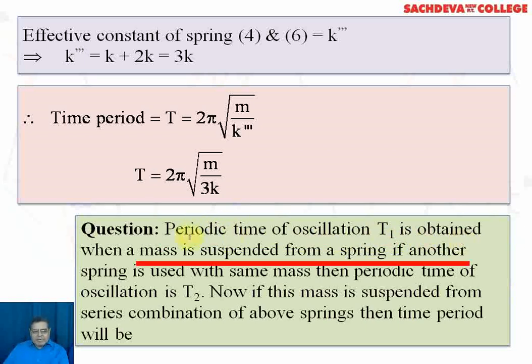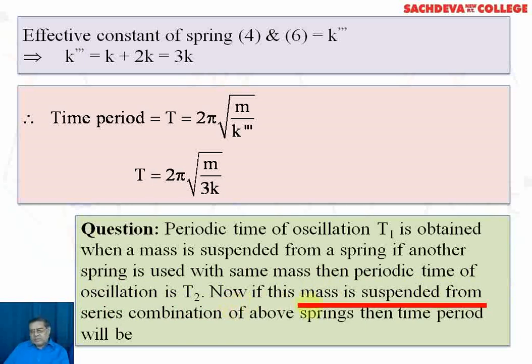It is obtained when a mass is suspended from a spring. If another spring is used with the same mass, so the mass is not changing but the springs are changing, the constants will be K1 and K2 in this case, but m remains the same. Then the periodic time of oscillation is T2. So earlier it was T1 and now finally it is T2.